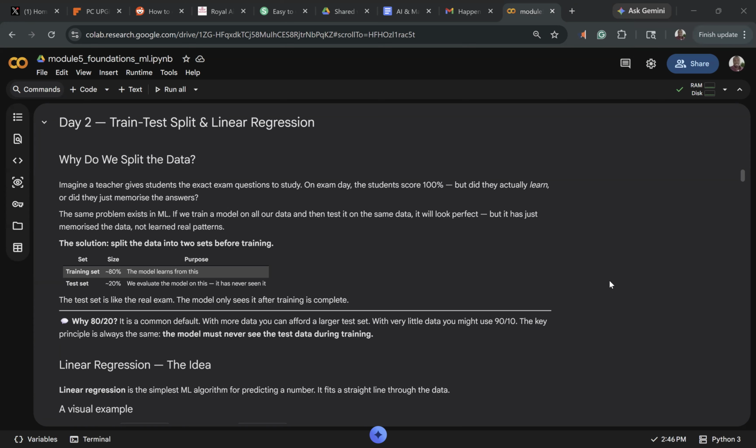Take, for example, if you train a model on particular data so that the model understands the data points and the patterns in the data. Now you use that same data that you used to train it to test it and evaluate if the model performs well.